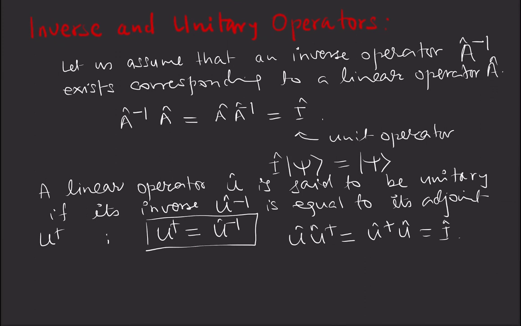So a linear operator U is said to be unitary only when this relationship is valid.